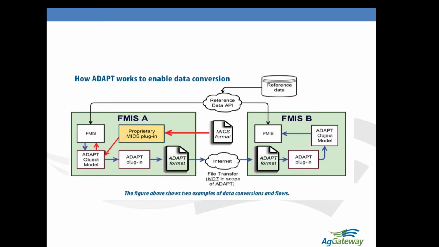And regardless of what formats are in play, the two systems, FMIS-A on the left and FMIS-B on the right, can use those proprietary formats to ingest data into their system through ADAPT, include reference data from a third party, and include all that data into the ADAPT format essentially, and use ADAPT to communicate between the systems, right?